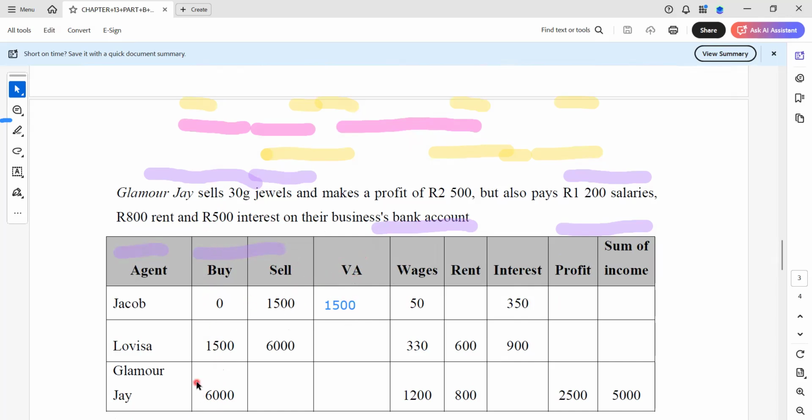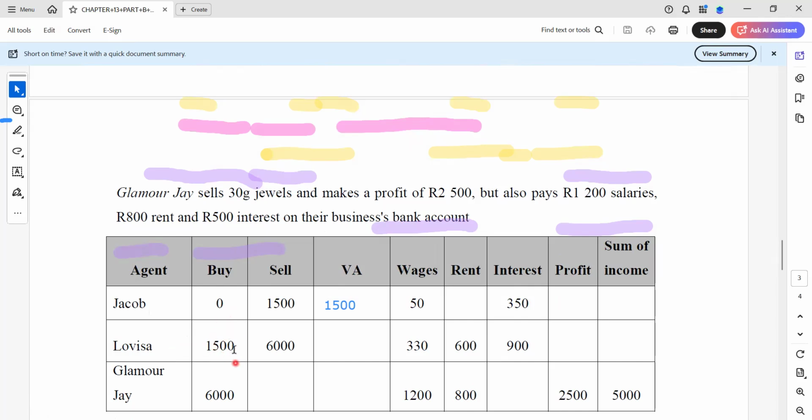So don't be confused by this one. This 1,500 rand is the amount which Lovisa paid to Jacob when purchasing these jewels.